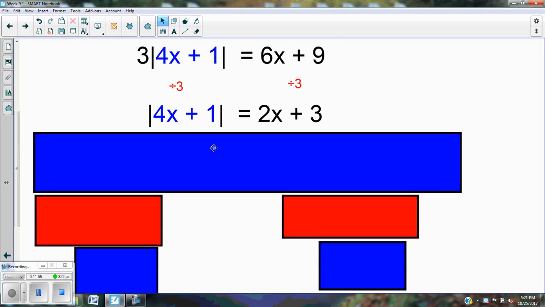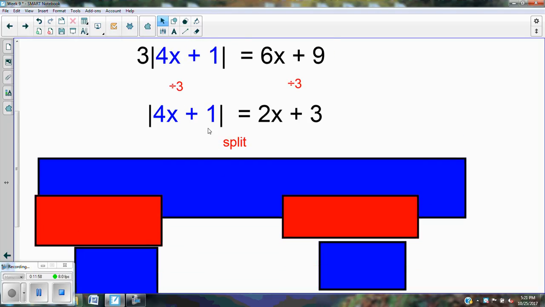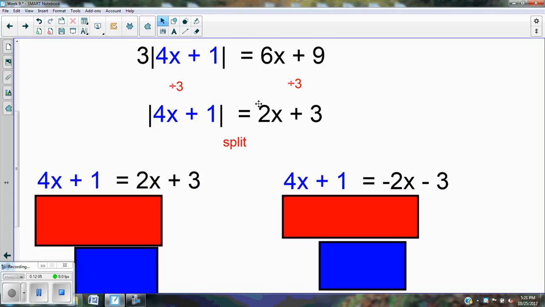Now, at this point, we're ready to split. We have our absolute value piece alone, so we split it into two separate equations. One where this piece was exactly the same, it's still positive. One where this whole thing is negative. So I want to show you what I mean by that.